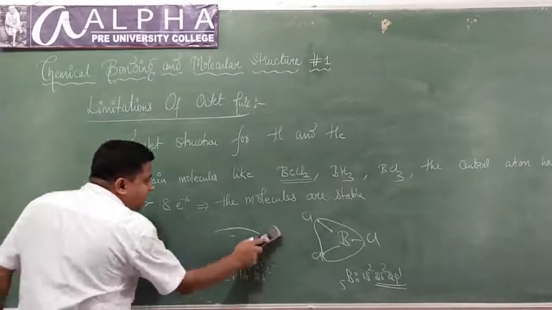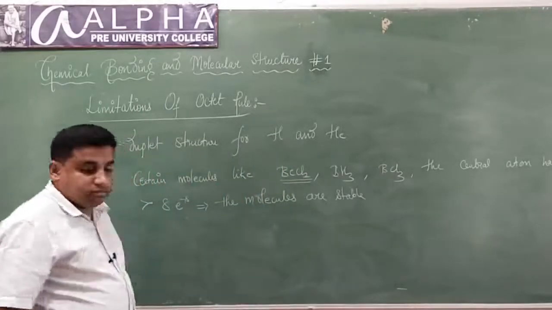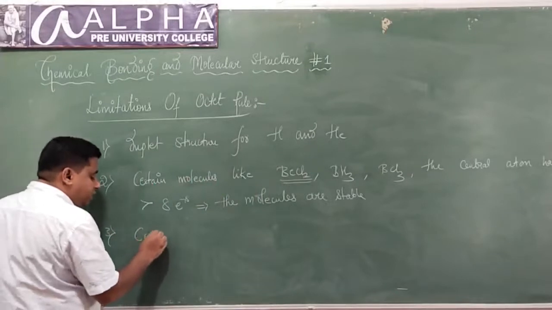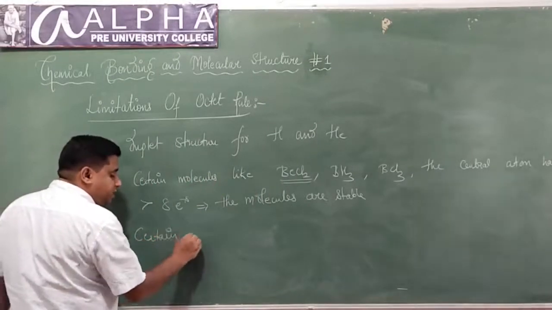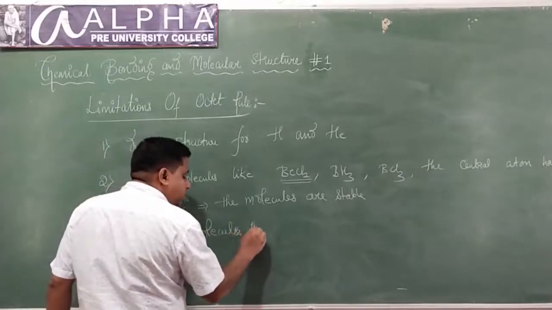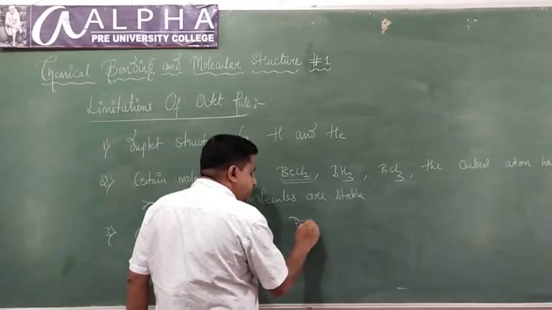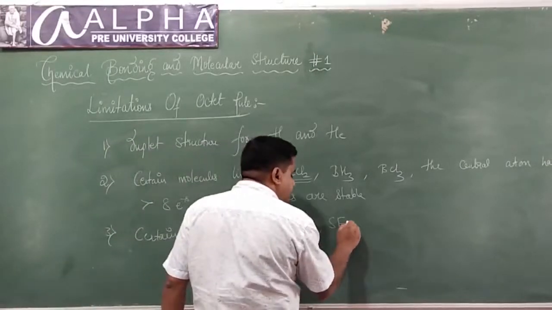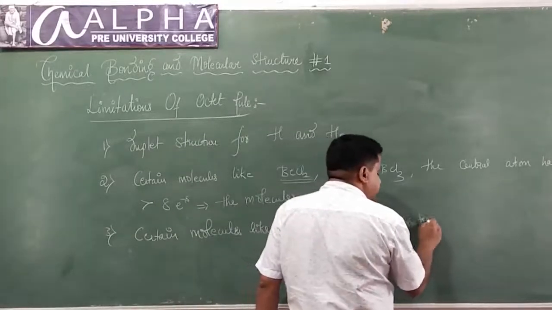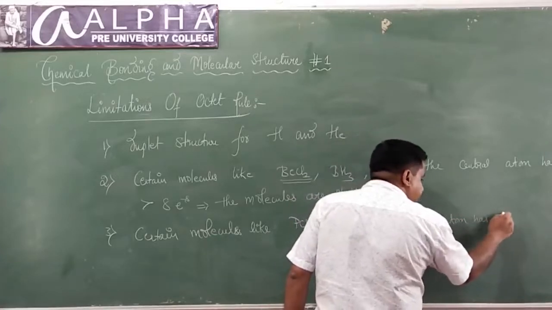What about the third limitation of the octet rule? Look at this third limitation. Certain molecules like phosphorus pentachloride and sulfur hexafluoride have a central atom with more than 8 electrons.